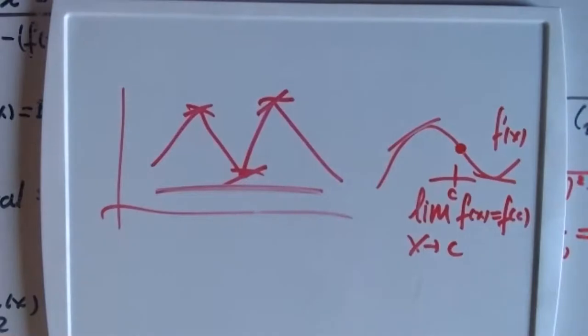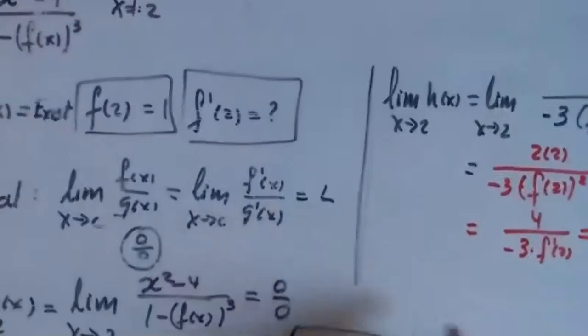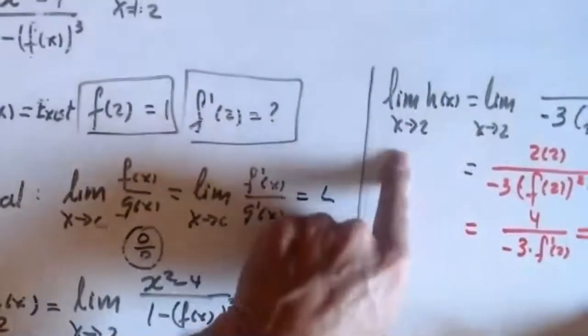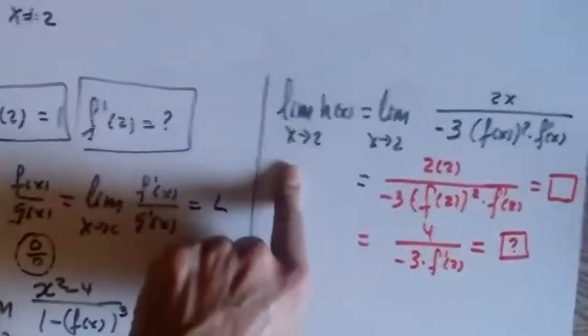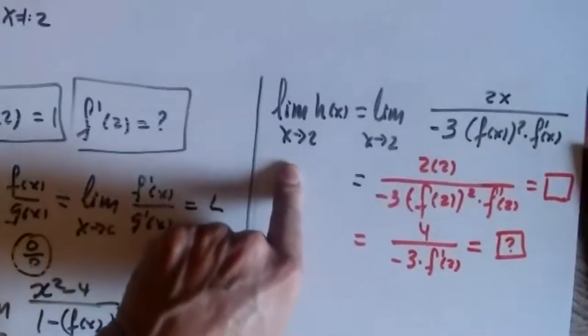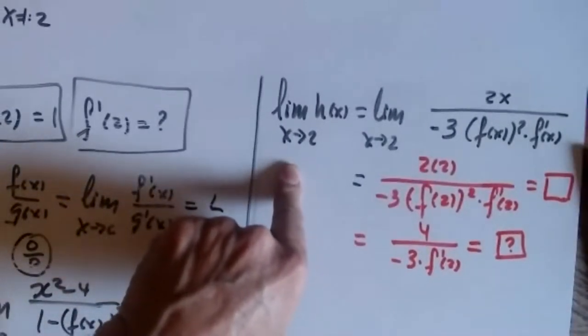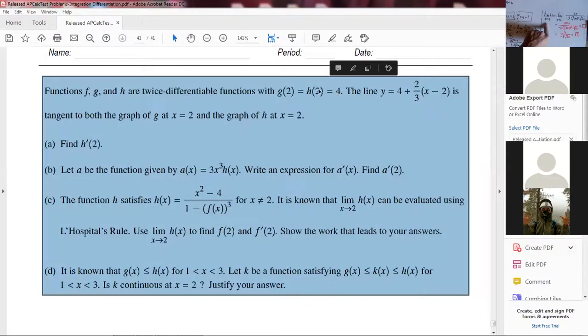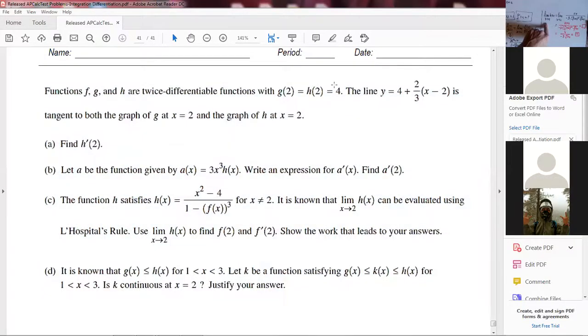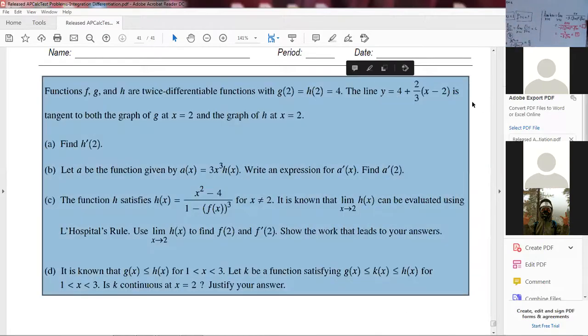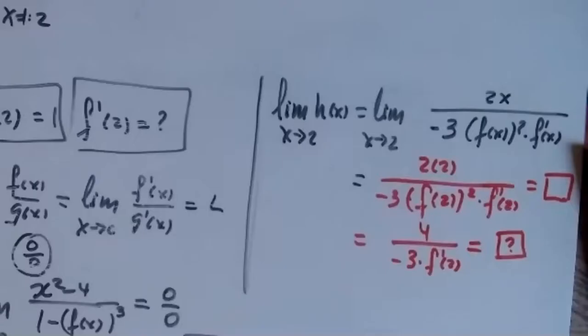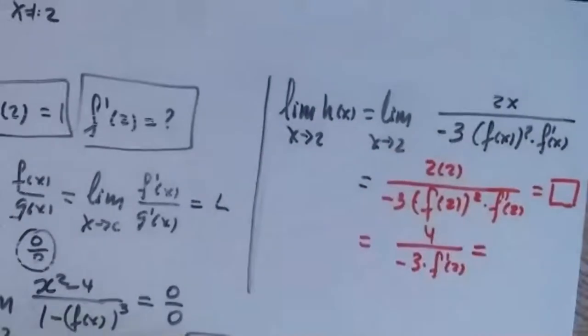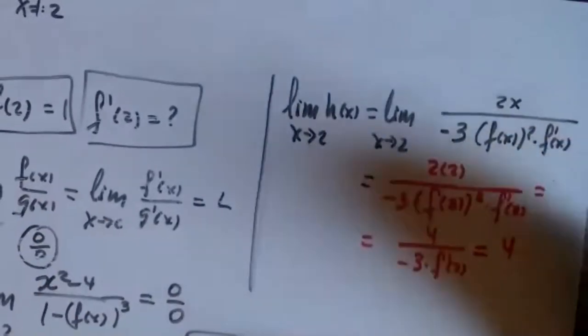Everybody? So what I was asking you, what is the limit of h in 2? Well, because this function is differentiable and continuous, here is the value. H of 2 is 4, so the limit is 4. Everybody catch that? So what I have to put here is a 4. Correct?